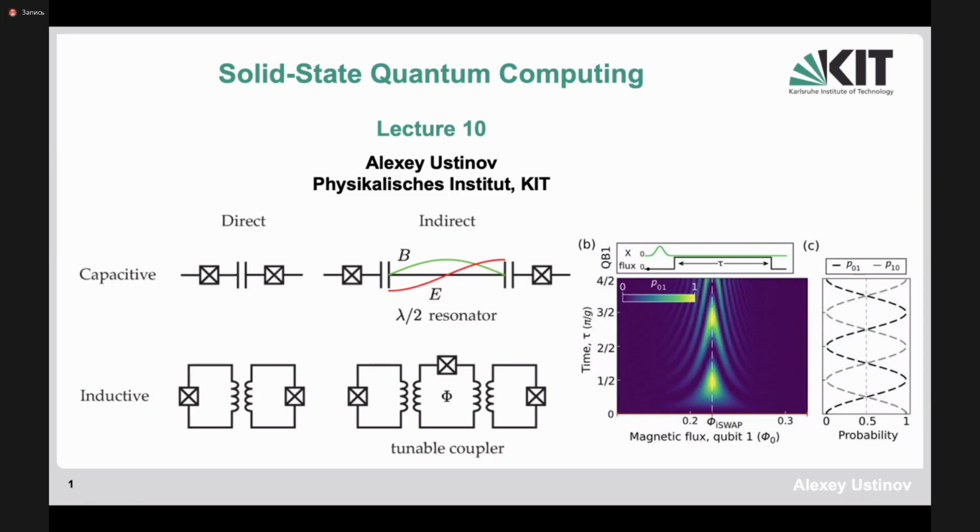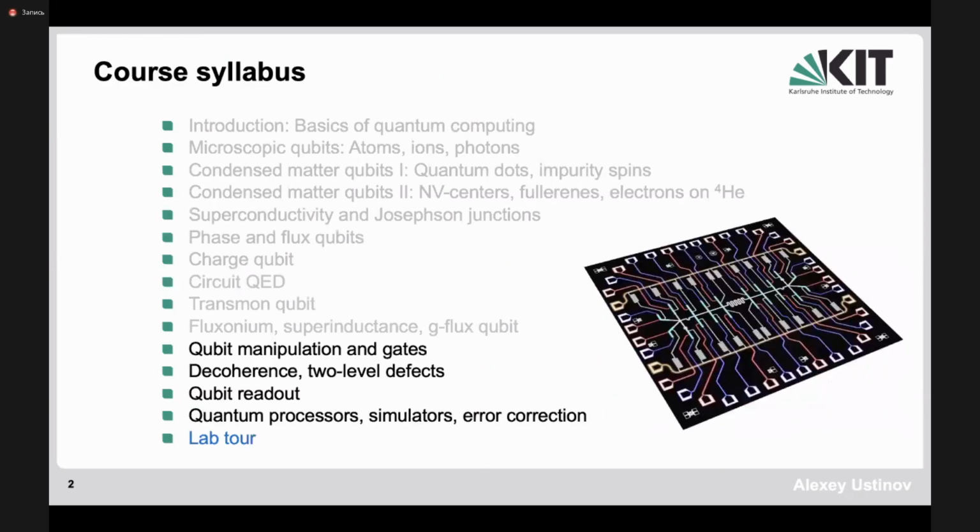Today we'll talk about single and two-qubit gates. This picture shows some examples of two-qubit gates, which we are going to discuss in the second part of the lecture. Maybe we'll leave some of the material for next week. I still have to see how to pack it more conveniently for you, logically connected.